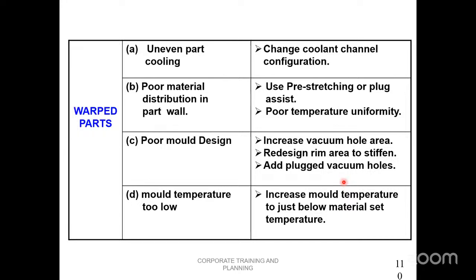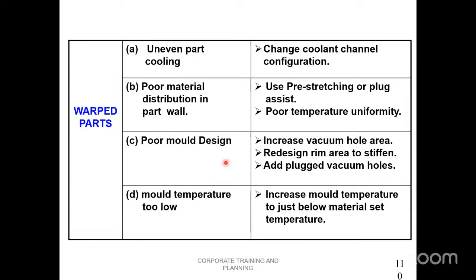Warped parts. We have seen that after molding, some warpage will be there in the article. Why this warpage? Because of uneven cooling, poor material distribution in the part wall, poor mold design, mold temperature too low, and therefore you have to use a proper mold temperature.